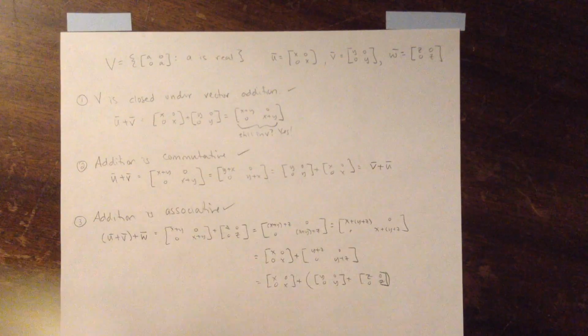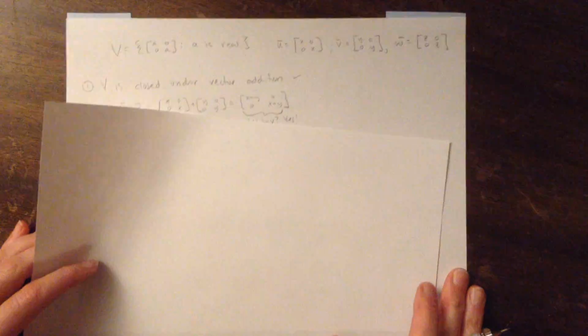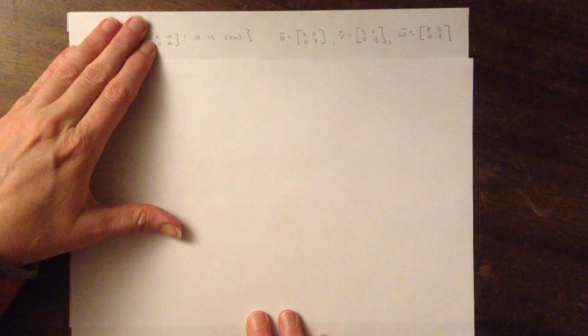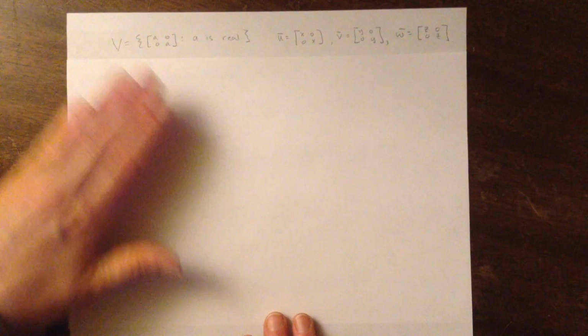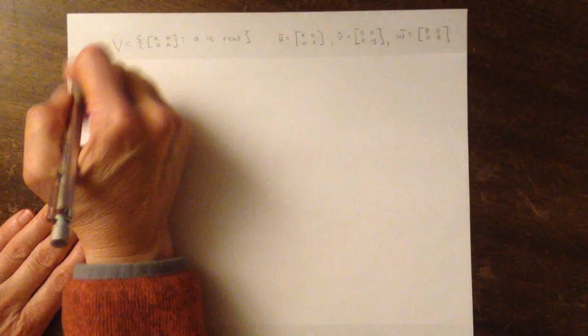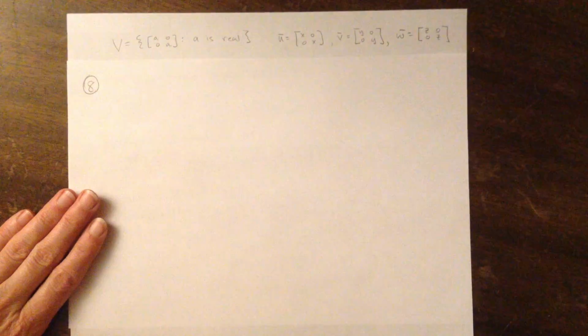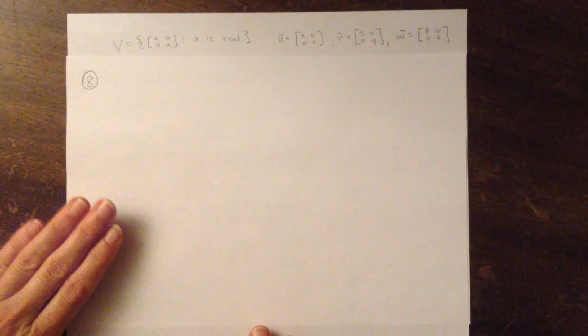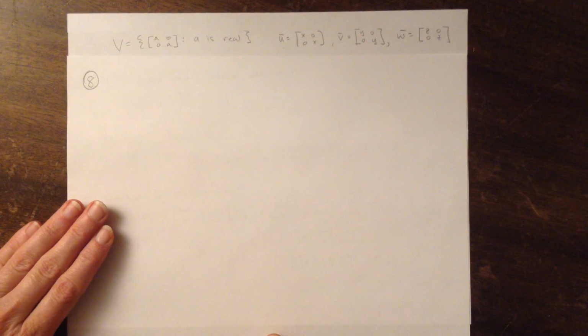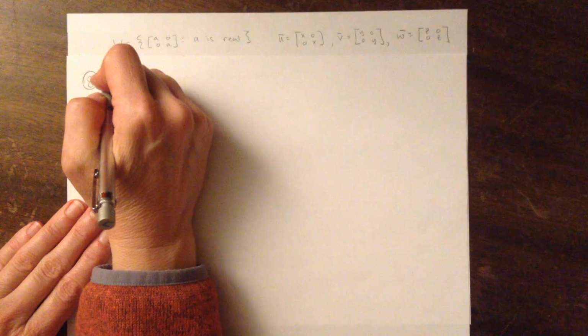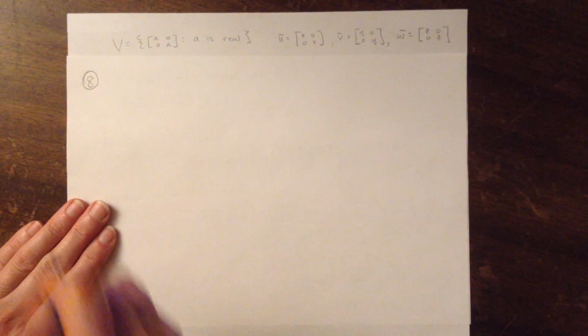So we have 3 more. So that was 7. Axiom 8. Was I circling them? Yes. So axiom 8 is another distributive law. I'm not sure how to say this one.